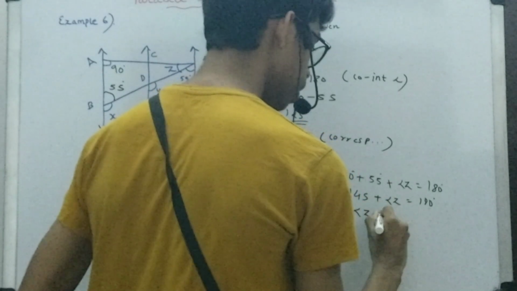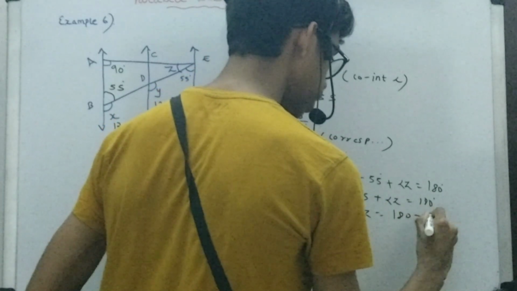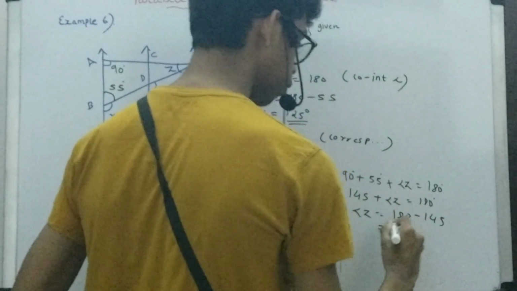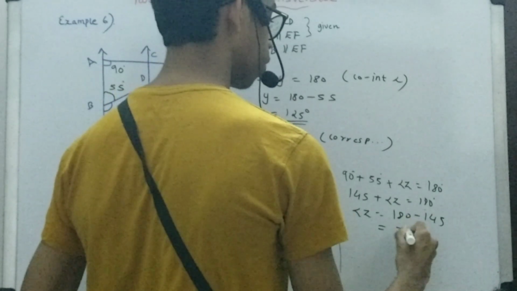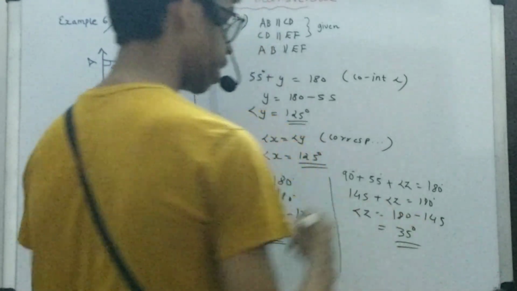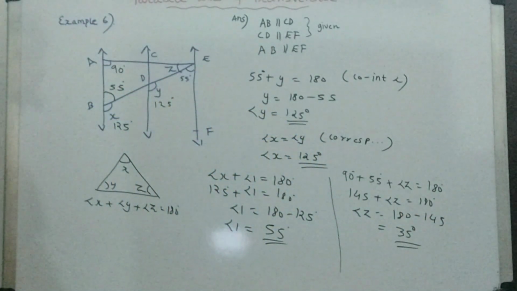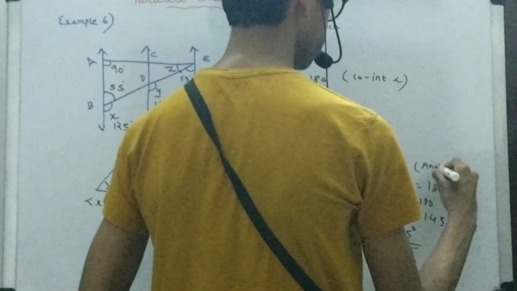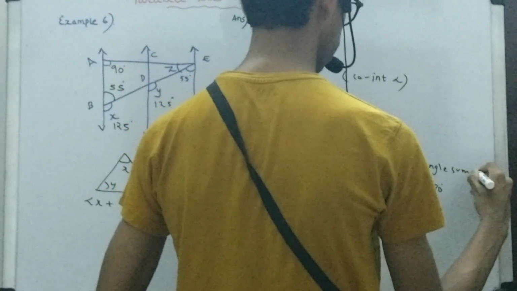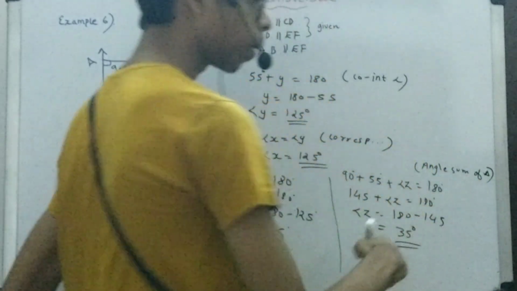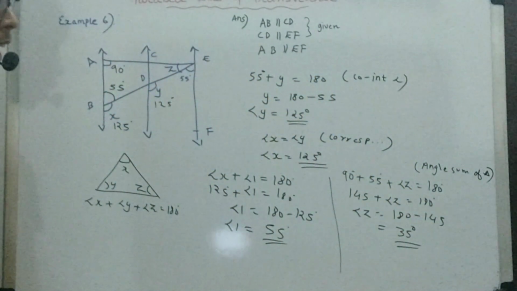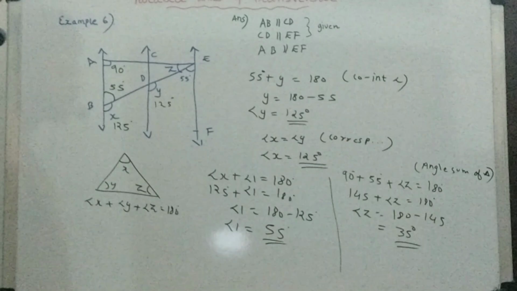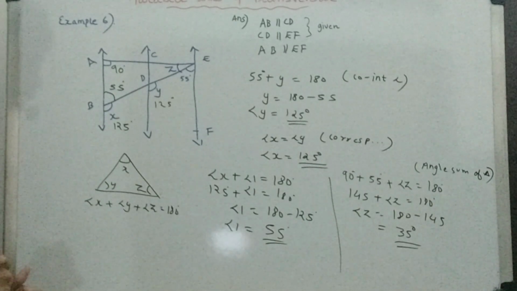So from here angle Z is equal to 180 minus 145, which is 35 degrees. Here we have applied the angle sum property of a triangle, and from here we got angle Z is equal to 35 degrees.